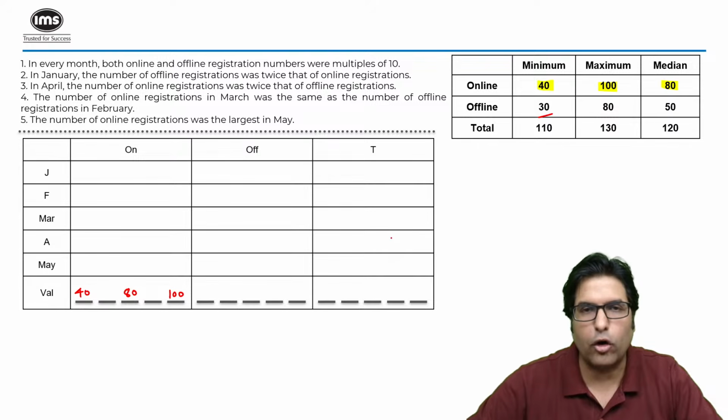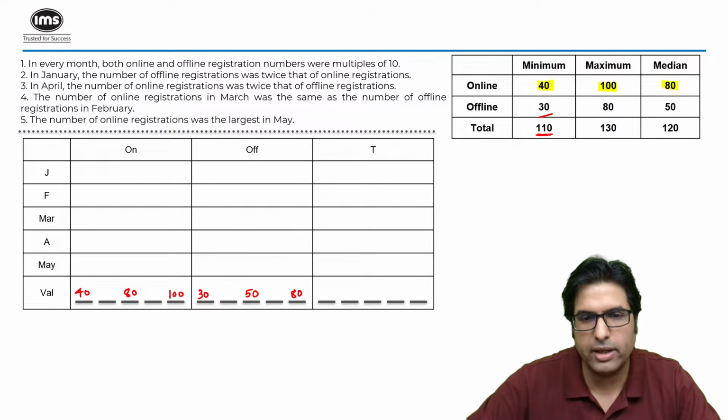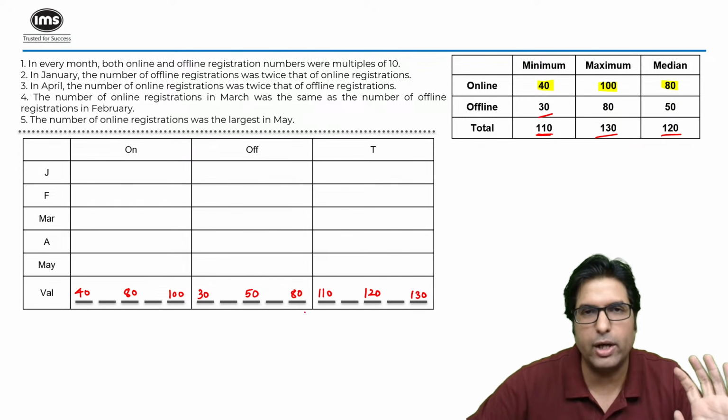I'll do the same for offline. Offline minimum is 30, max value is 80 and the median is 50, and the same I'll do for total. They've given that the minimum total across any of the 5 months is 110, the max total is 130, and the median is 120, so the middlemost value will be 120.